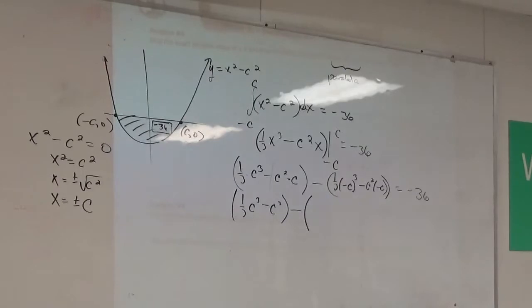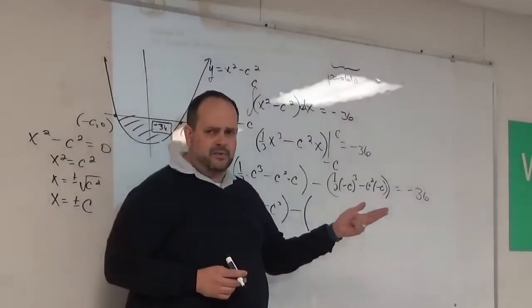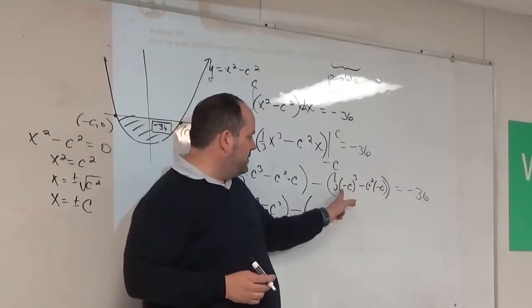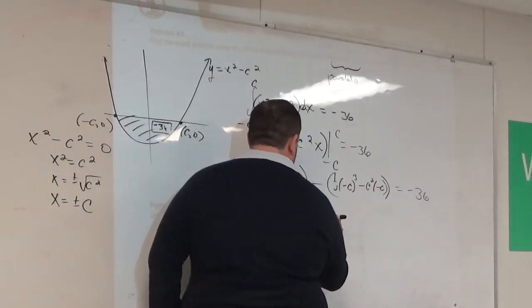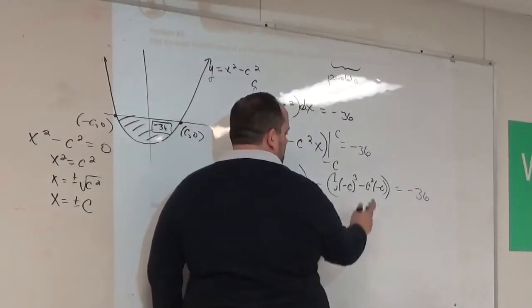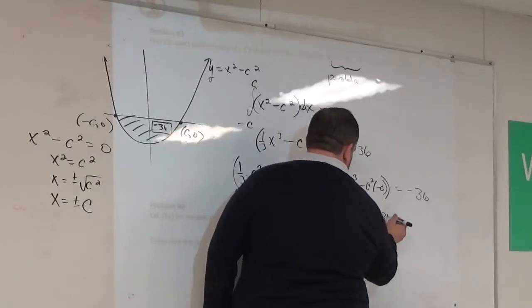Negative c times negative c times negative c. Should be positive or negative? Negative. Negative c cubed times 1/3. So that's negative 1/3 c cubed. Negative c squared times negative c is positive c cubed.